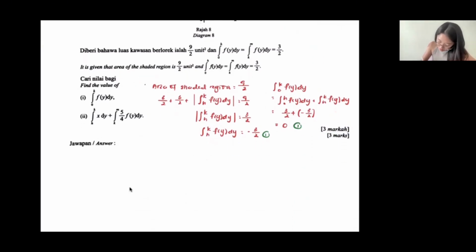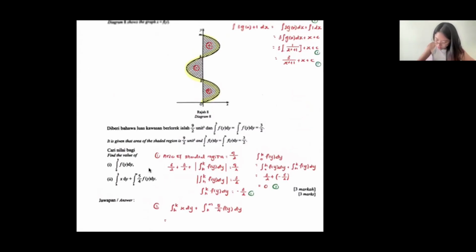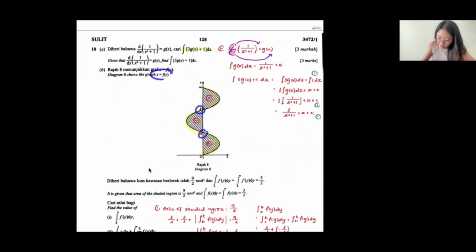Then part 2. This is part 1 just now. For part 2, we need the integral from h to k of x dy plus the integral from k to m of 5 over 4 f(y) dy. In front, from h to k, x is actually f(y) because x equals f(y).